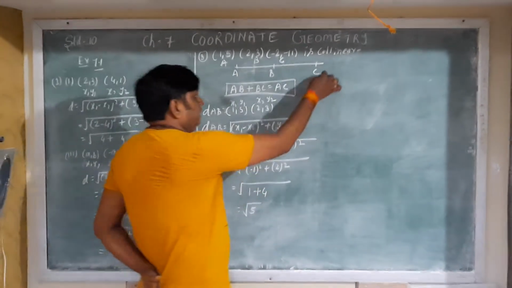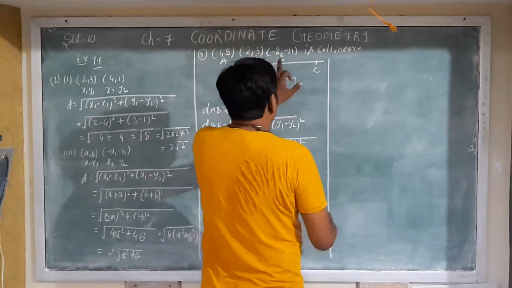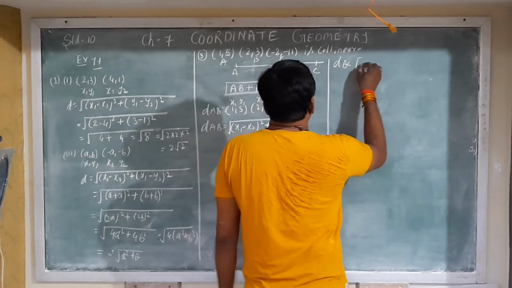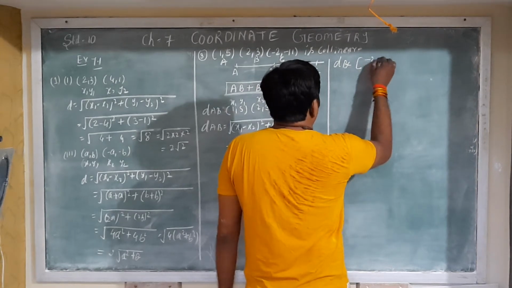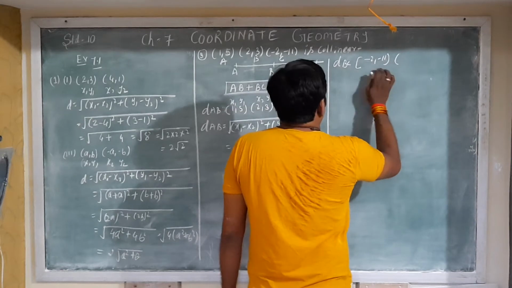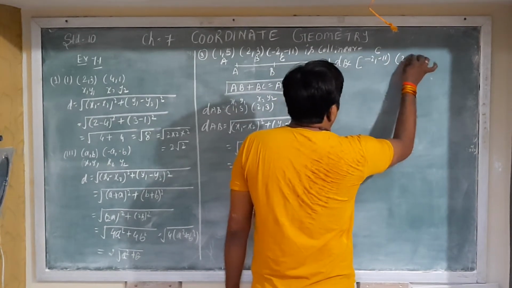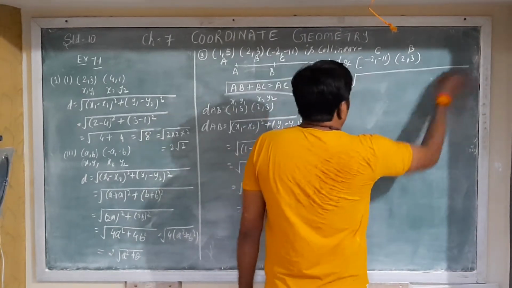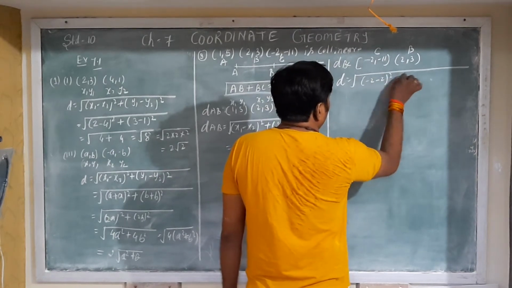Okay, now we find the distance of BC. BC means B and C points. Distance of BC, which points do we use? Use point B, minus 2, minus 11, and point C. Distance of BC, distance formula: x1 minus x2 square plus y1 minus y2 square.